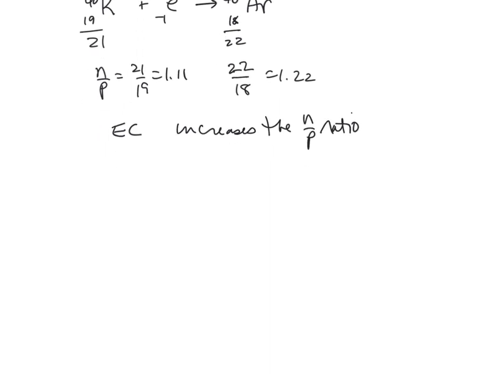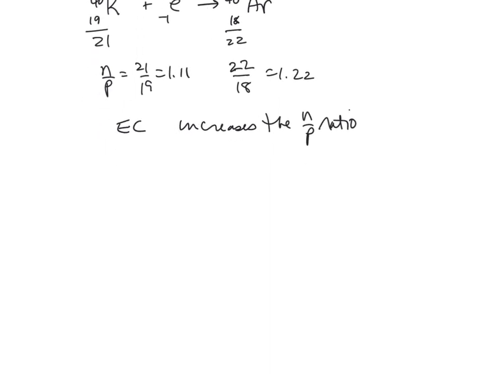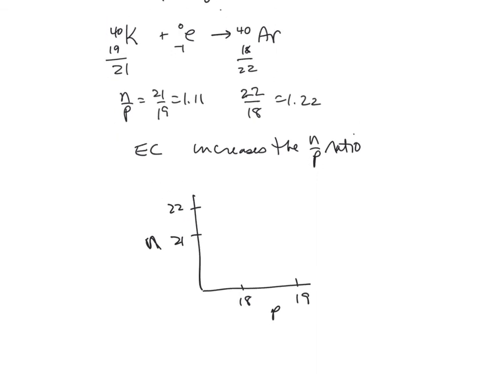And if we just did a blow up of the valley of stability graph, N over P, 21, 22 neutrons, and 18, 19 protons. The potassium is 19 and 21.